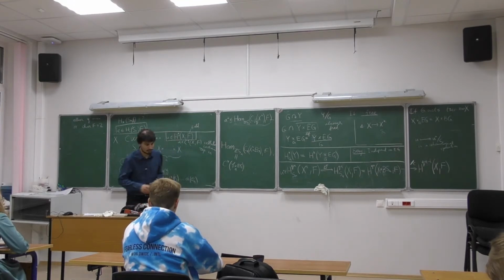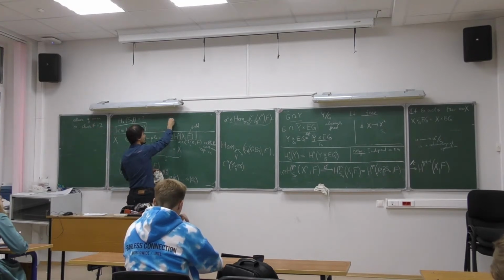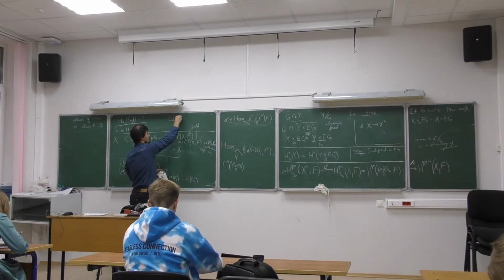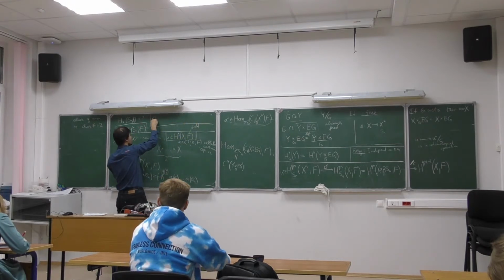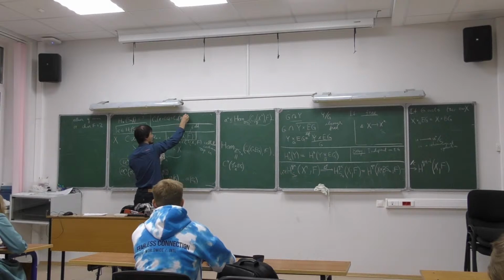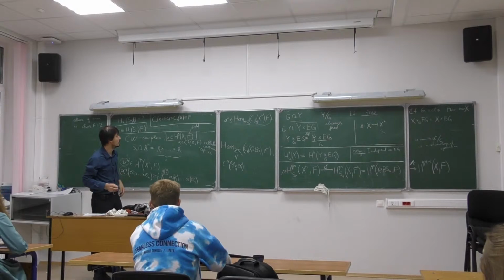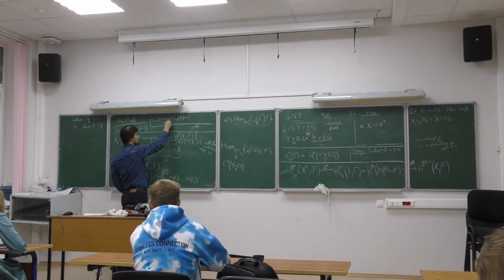Now, of course, we have a map of chain complexes. C star of xn times Eg maps. This is just the tensor product of x with just the resolution. C star of Eg is our free resolution for G. F is just C star of Eg.